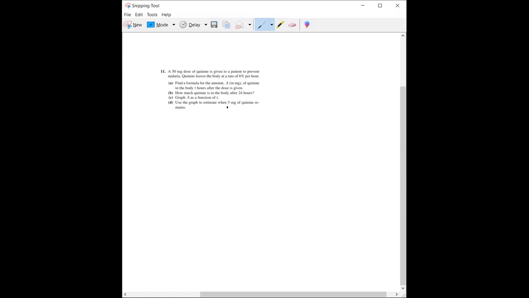So 50, then the a would be 0.94 to the t. Yes, exactly. I called it a, I just called it Q, but we have the amount in mgs of quinine in the body t hours after the dose.